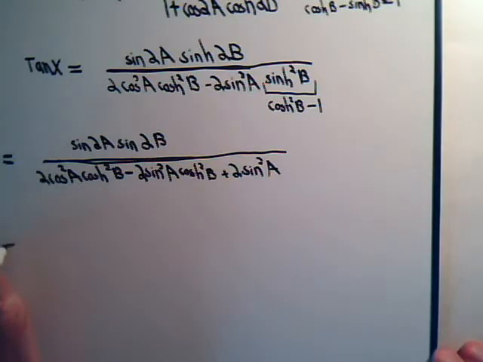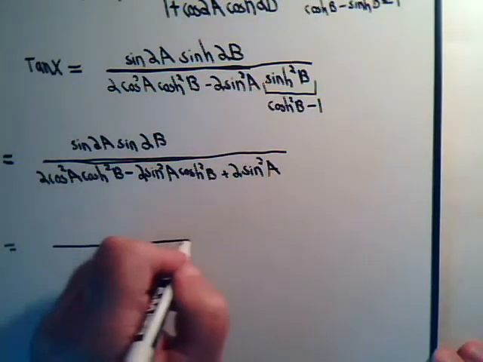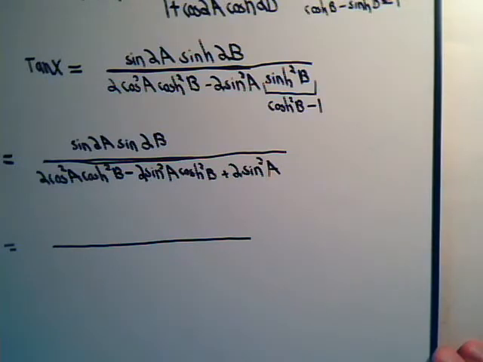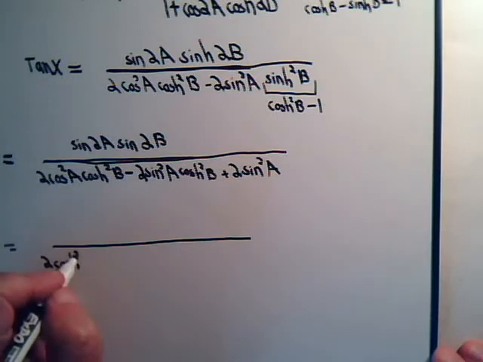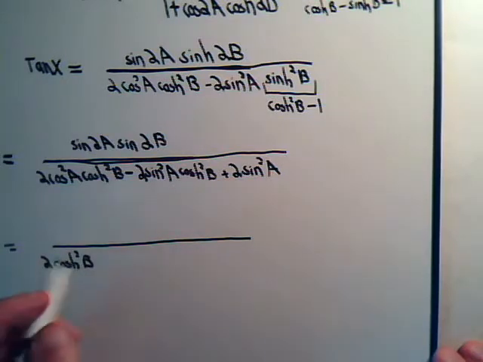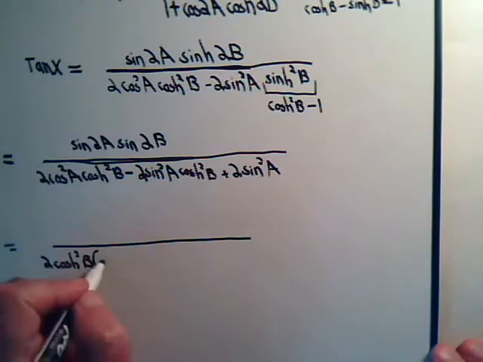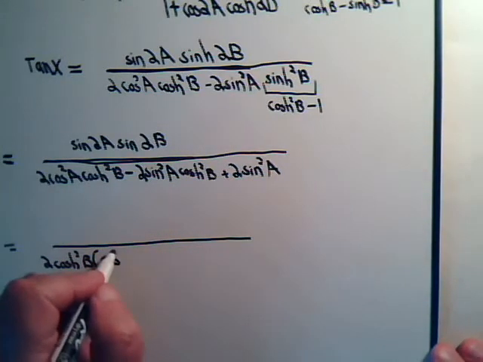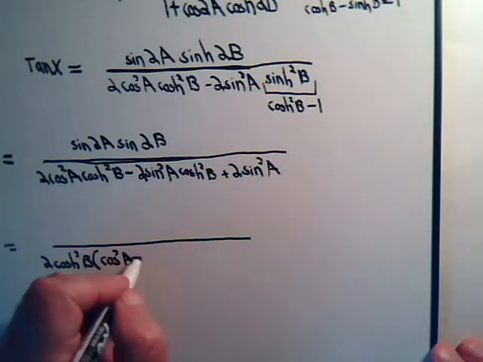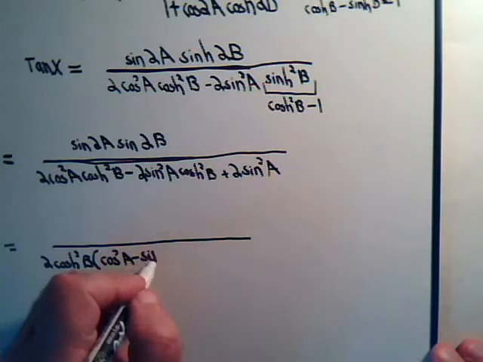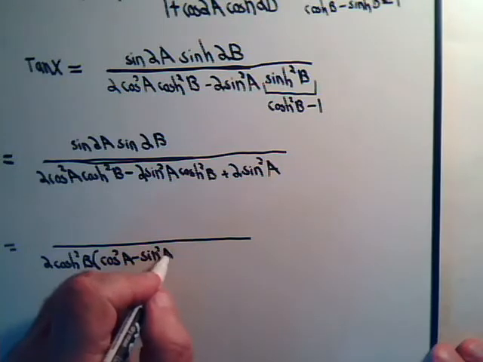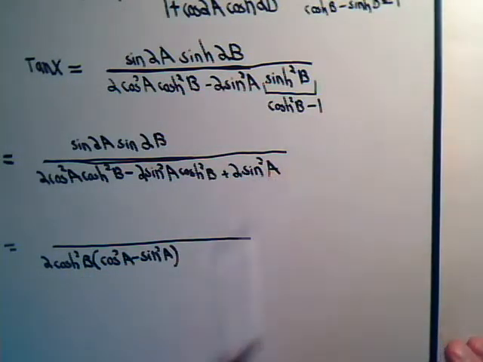So this is now equal to, numerator stays the same, and we're going to have 2 times the hyperbolic cosine squared of b times cosine squared a minus sine squared a, plus this.